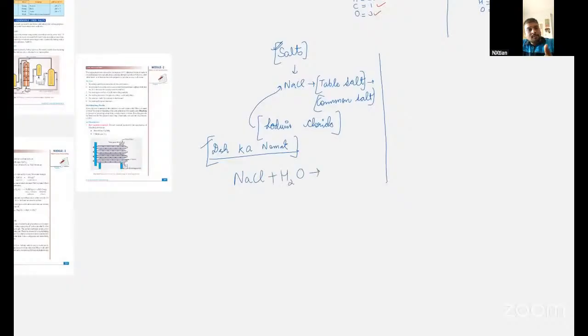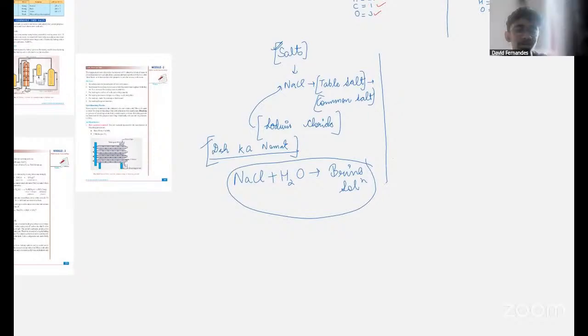The NaCl will dissolve. So NaCl plus water, it will dissolve. That solution is called brine solution. If somebody asks you what do you mean by brine solution, it is a solution in which salt NaCl is dissolved into the water.